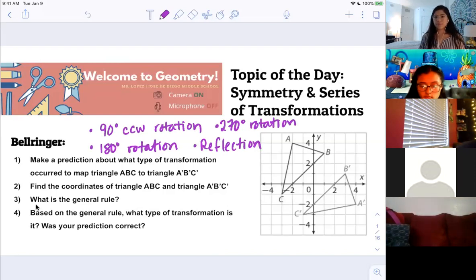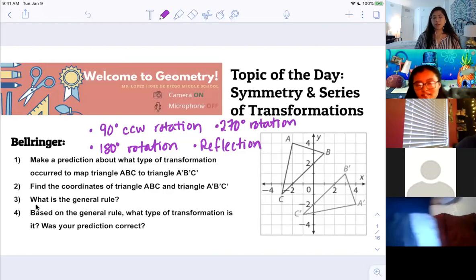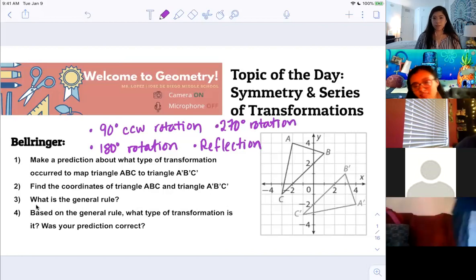Wait, what's the one with the teleportation? Translation. Do you think it's a translation? Yeah, I think it's a translation and a reflection at the same time. Miss, I think it's a reflection. Okay, so maybe it's a reflection instead of a rotation.